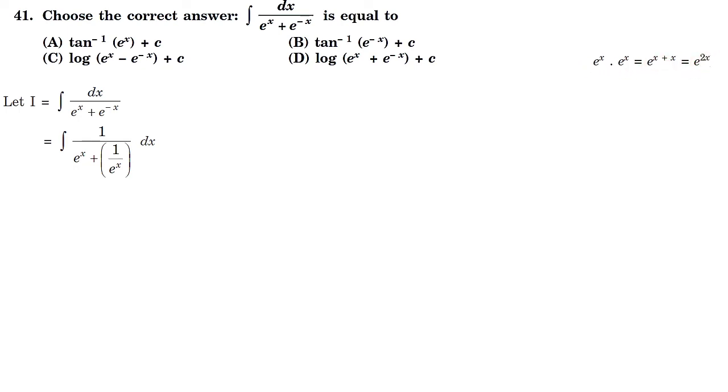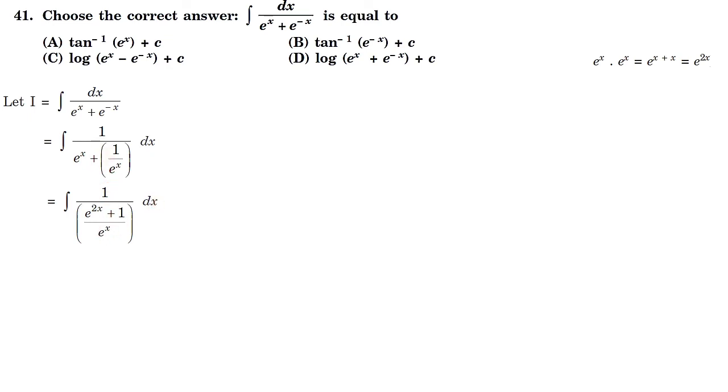So when we take LCM, this e raised to x can multiply here, that comes as e raised to 2x plus 1. Here there is a denominator e raised to x, so nothing to multiply, so 1 will be coming divided by the common denominator e raised to x. What we have taken as common LCM is e raised to x, into dx.